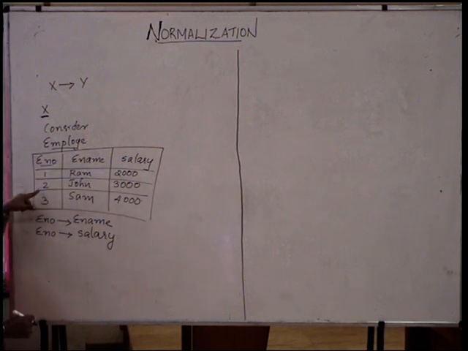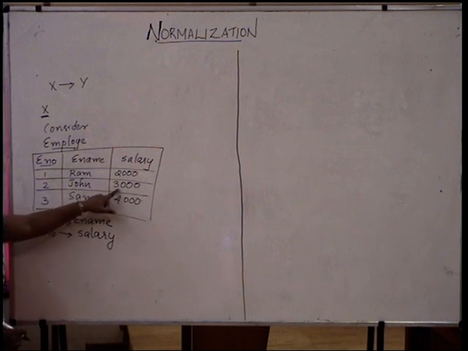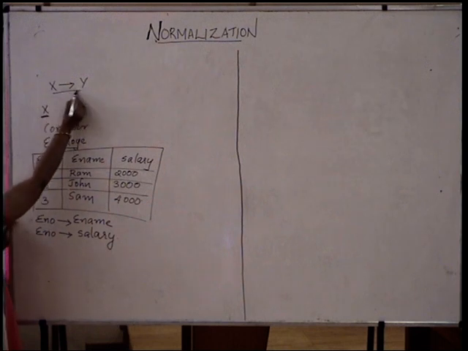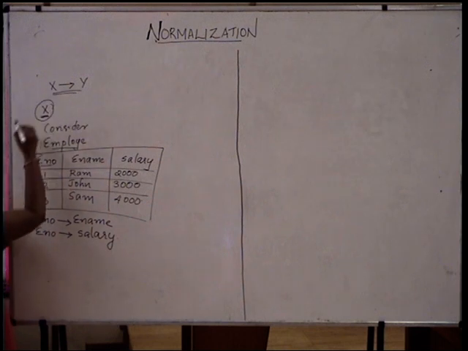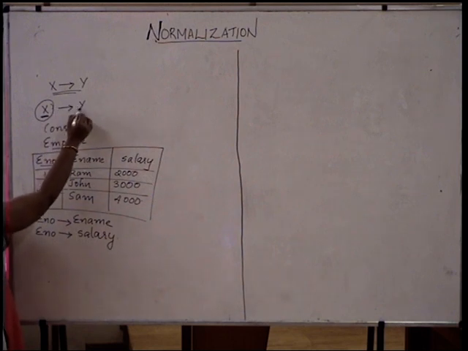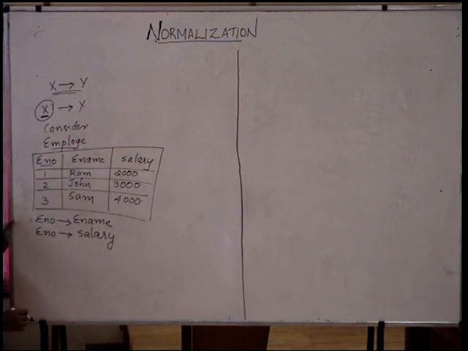Again, if we get the value 2, the corresponding values also can be retrieved. So X implies Y indicates for every value of X, there will be a unique Y value. That is the concept of functional dependency.